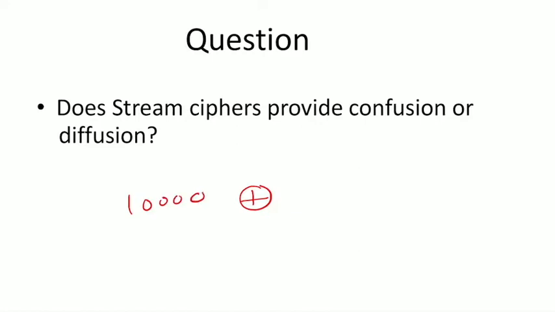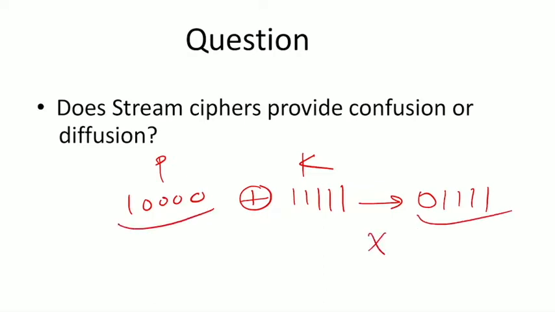If I have 1000 as my plaintext and my key is, let's say, all ones, and I encrypt them together, then I have 0111. You can see here the input bits and the output bits are not the same, whereas if we are doing permutation, then input and output bits are usually the same. So there is no permutation step here, but there is substitution. 1 is substituted with 0, 0 is substituted by 1, and so on.